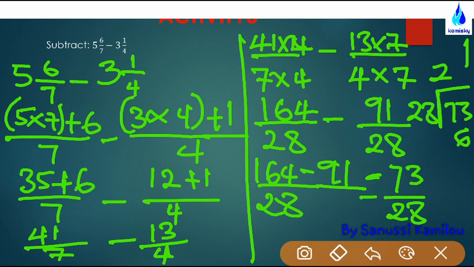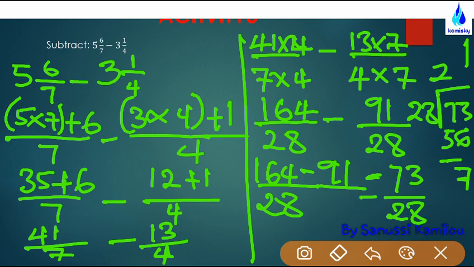Now I was saying that 2 times 2 will give me 4. 4 plus 1 is 5. 56. When we subtract from 73, the 3 over there becomes 13. 13 minus 6 will give me what? 7. Very good. Then I have another remainder.